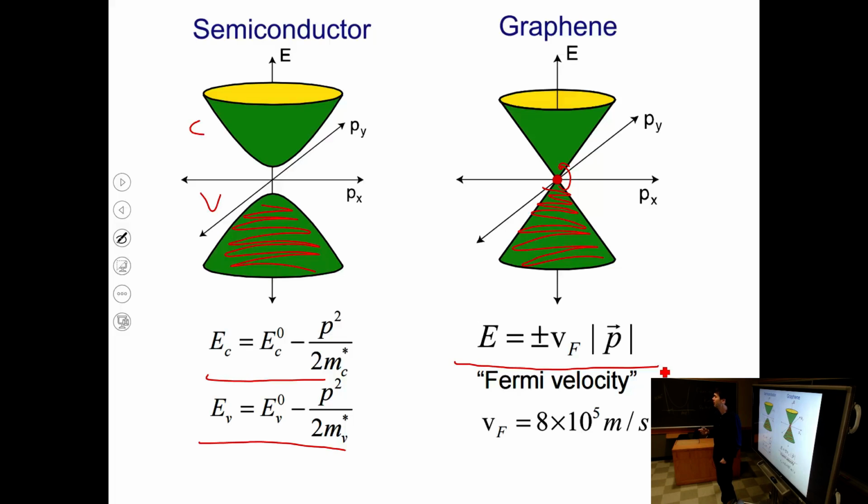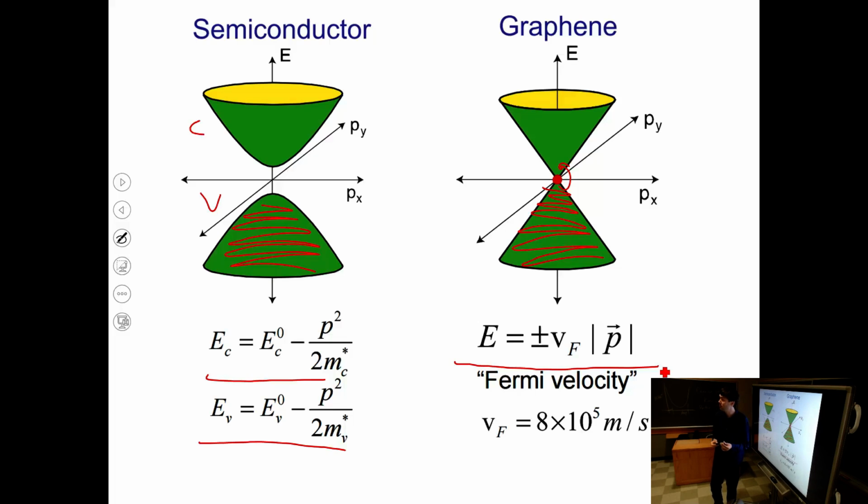So who can remember another particle for which this is the case? The photon, right. For a photon, you have a speed of light times momentum gives you energy. This is not a photon, this is a fermion, this is an electron, but it has the dispersion relation of a photon.